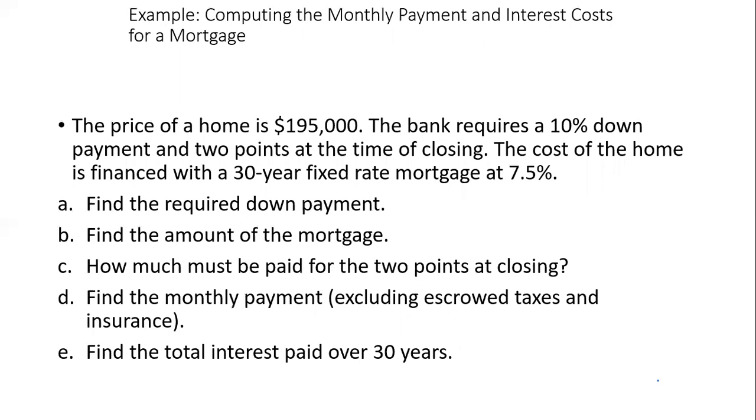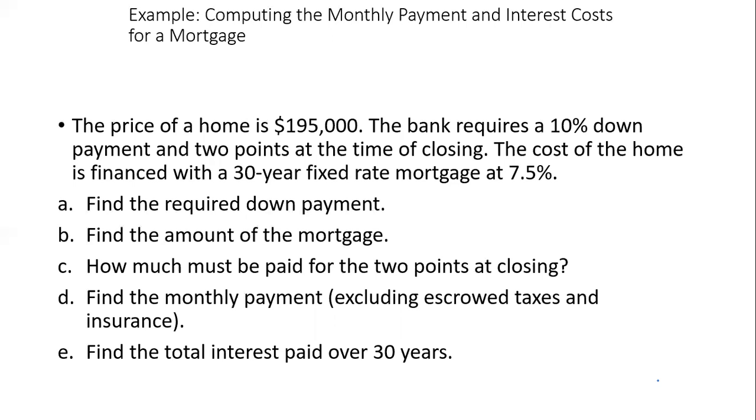An example: the price of a home is $195,000. The bank requires a 10% down payment and 2 points at the time of closing. The cost of the home is financed with a 30-year fixed rate mortgage at 7.5%. Find the required down payment.